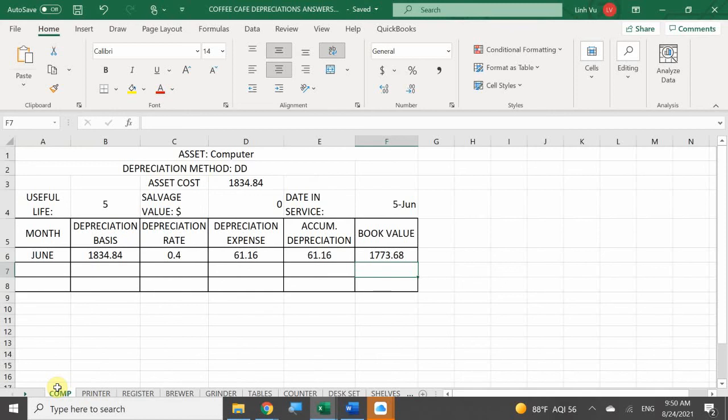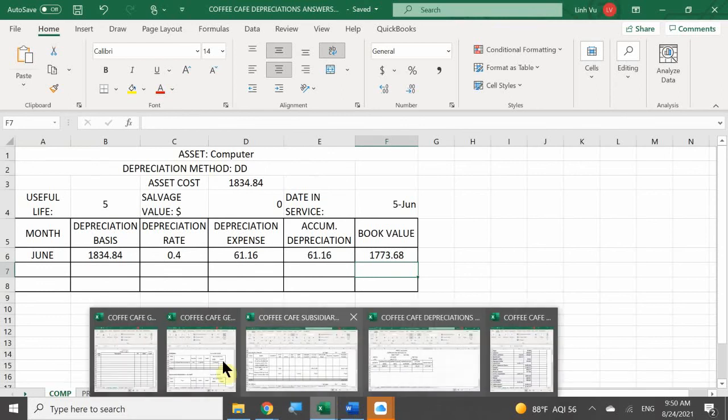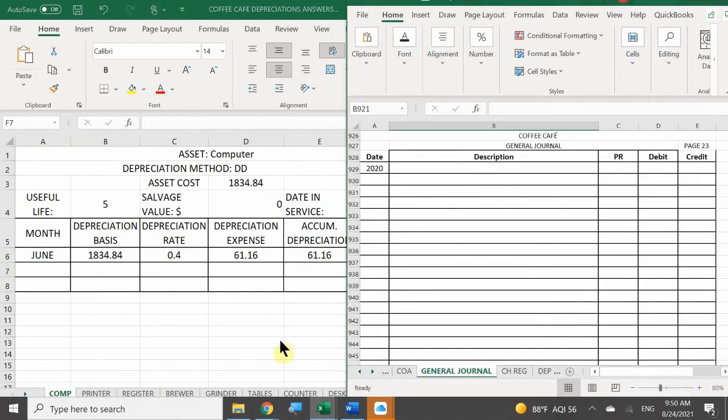So first thing that we have is the computer. Now, how do we journalize our depreciation? Do we debit depreciation expense and credit accumulated depreciation?